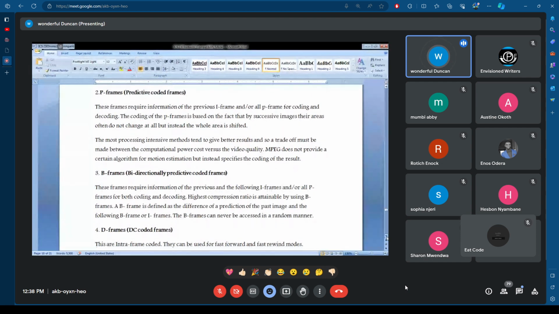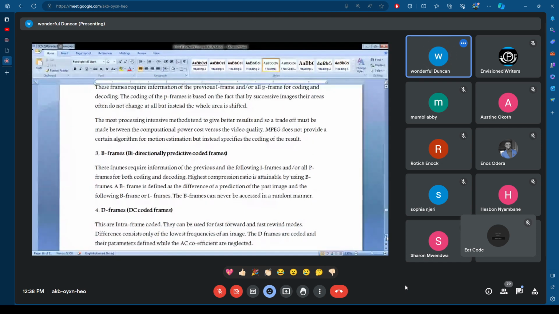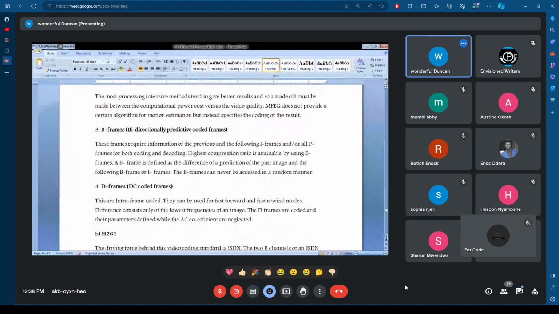Then the other type of image is the B frames, or the bidirectionally predictive coded frames.